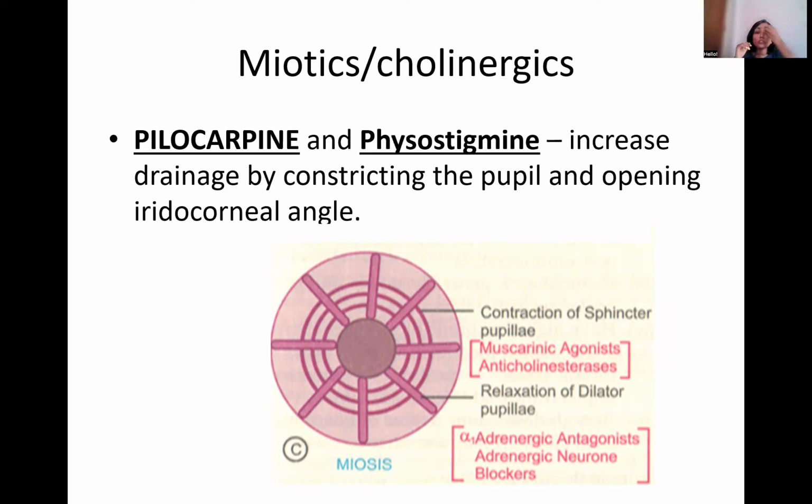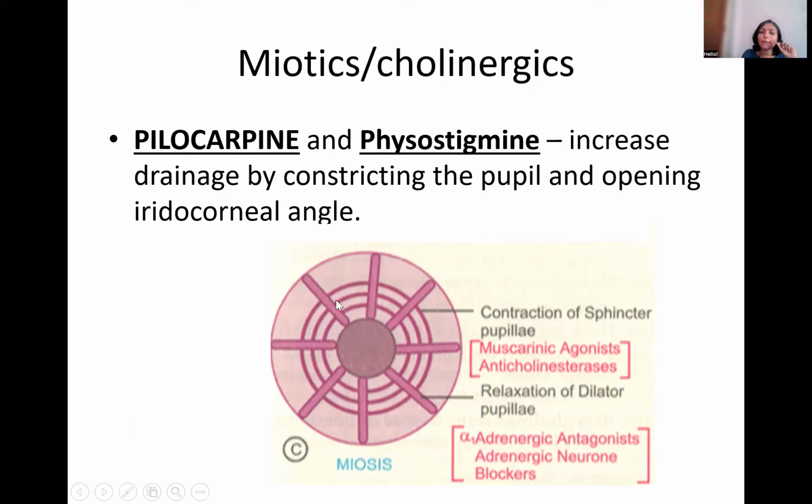Now, how do they do this contraction? Suppose these are the circular concentric rings, with the pupil in the center. The pupil size will be determined by the contraction of these sphincter pupillae muscles. Now, for any muscle to contract, there should be acetylcholine. The acetylcholine receptors, M3 receptors, are present on the sphincter pupillae.